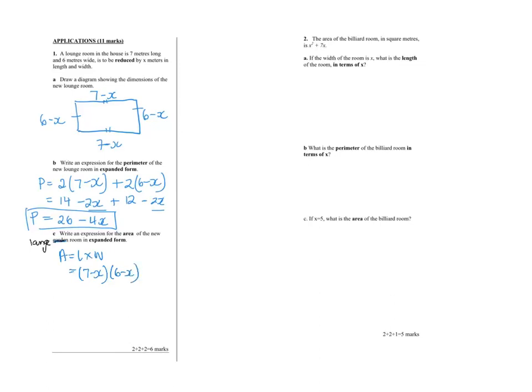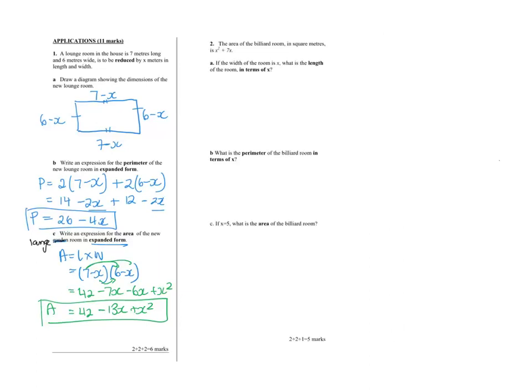So then we're saying in expanded form, so we will multiply it out. So 7 times 6 is 42. 7 times negative x, negative 7x. Then negative x times 6, negative 6x. And negative x times negative x is plus x squared. So we get 42 minus 13x plus x squared is a formula for the area, an expanded formula.